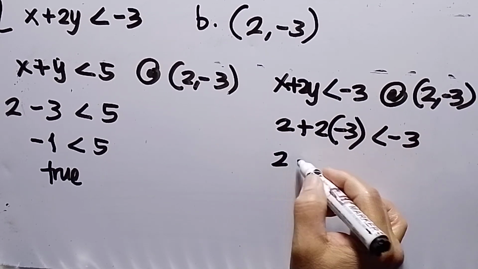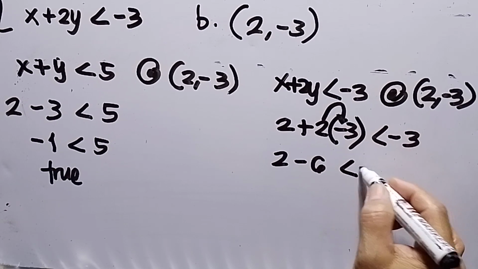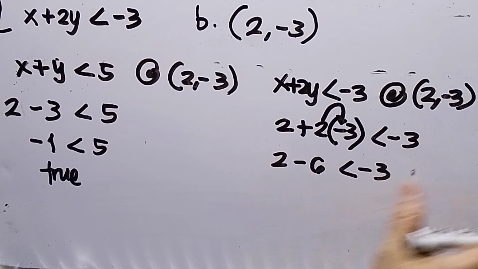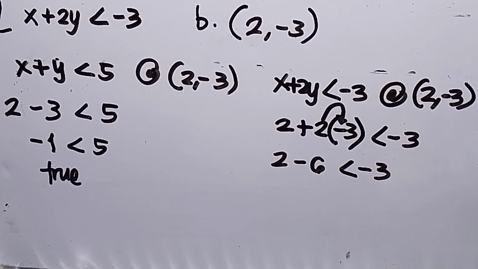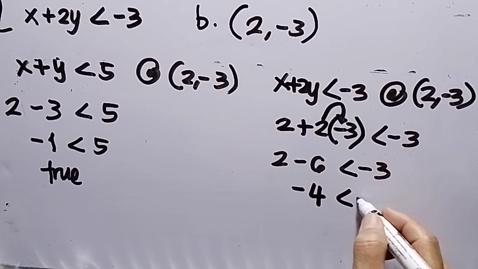So this will be 2, 2 times negative 3 is minus 6, less than minus 3. So 2 minus 6, this will be minus 4 less than minus 3.